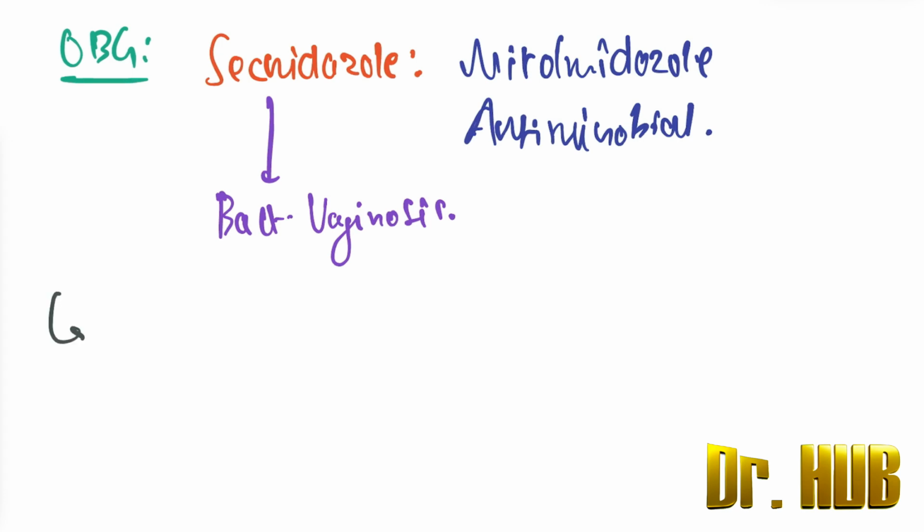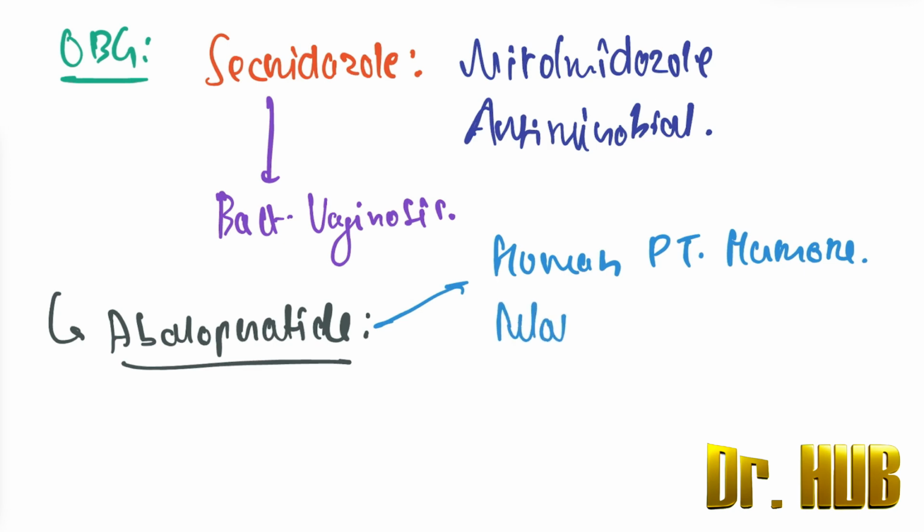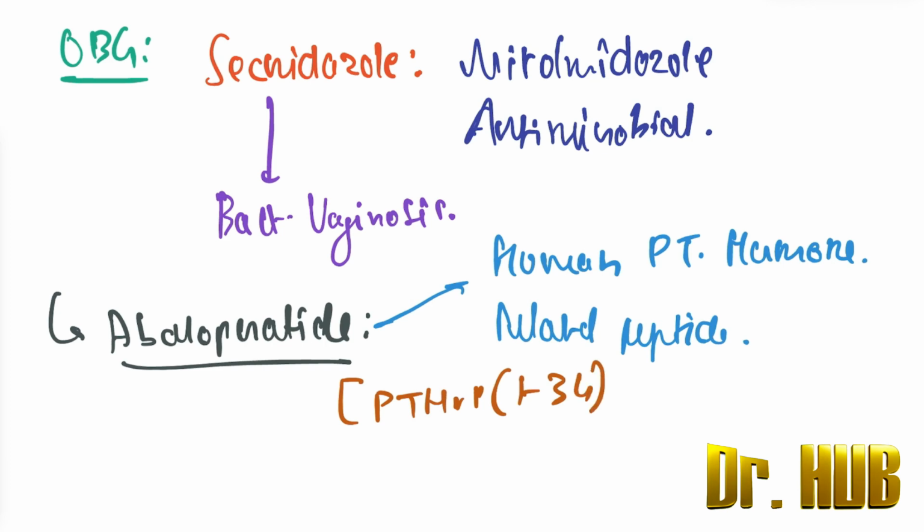The next drug we will see is abaloparatide. This abaloparatide is a human parathyroid hormone related peptide. In short, how do we write it? PTHrP 1 to 34.